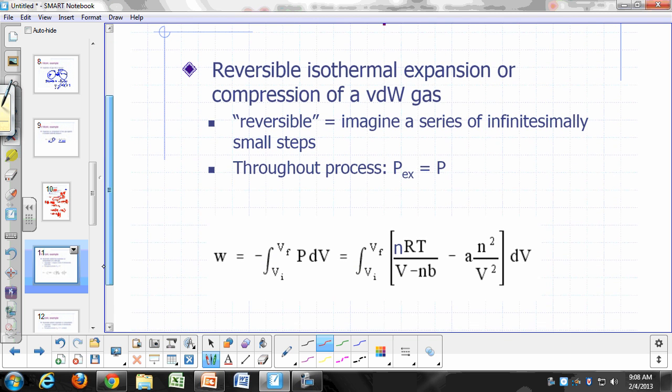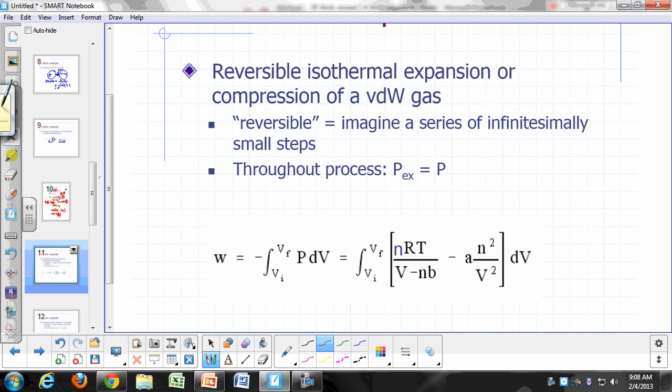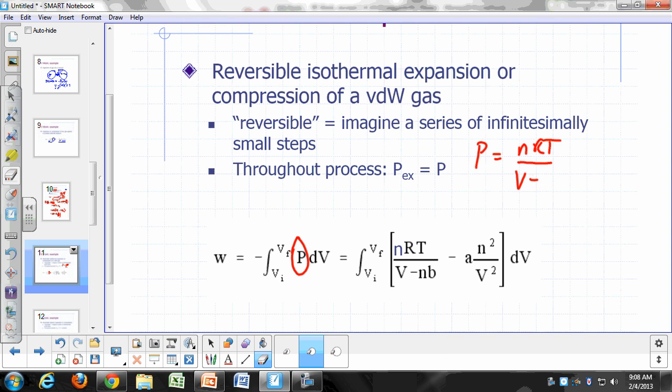What if you have a van der Waals gas? A gas that obeys the van der Waals equation. Again, we replace P by our expression for a van der Waals gas. Remember your van der Waals equation of state. P is nRT over V minus nb, where you subtract the excluded volume, and then you subtract a correction term due to attractive forces.